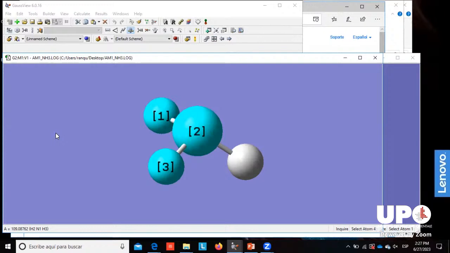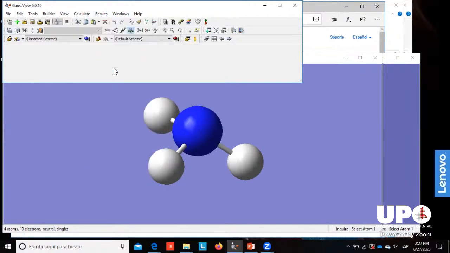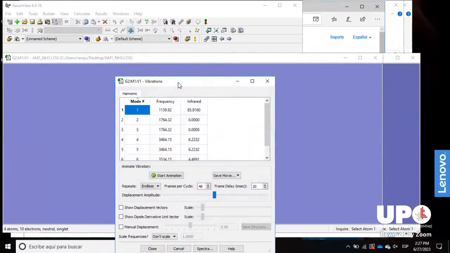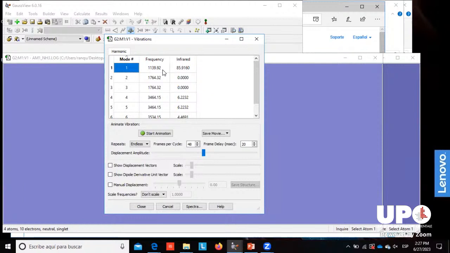Yes? Good. Now this is the optimized geometry, but I mentioned that we need to check always if we actually ended up on a local energy minimum or somewhere else on the potential energy surface. So for that, you can go to the results menu and you go to vibrations. You got it? And there you go. You have vibrational data here. You see, you have a list of vibrations, correct?